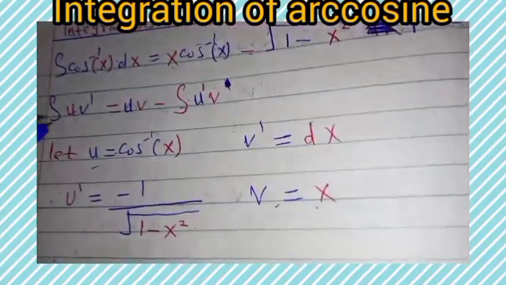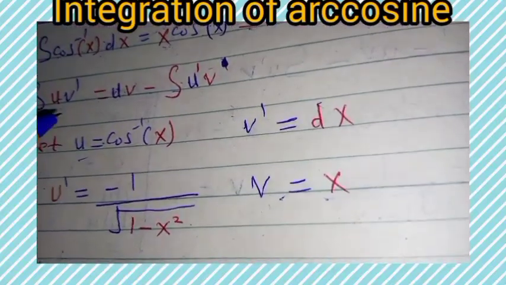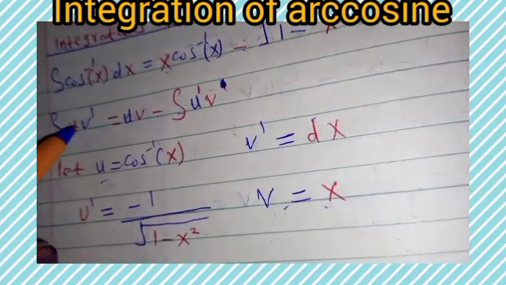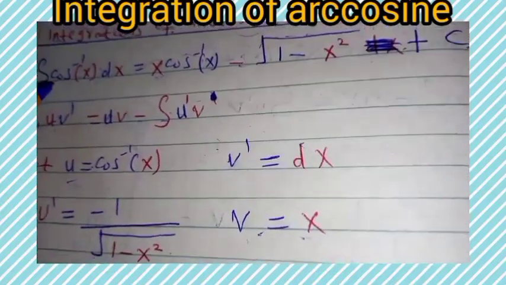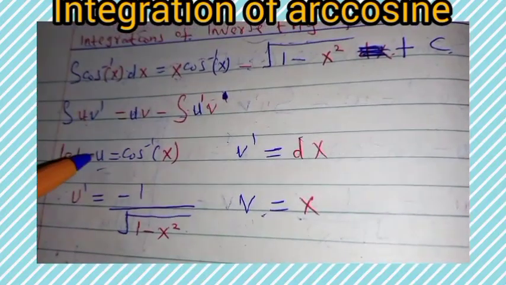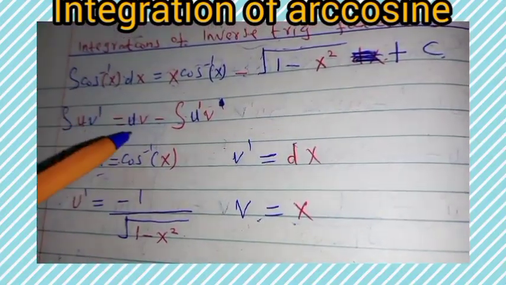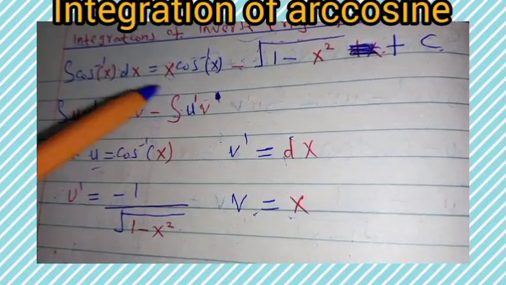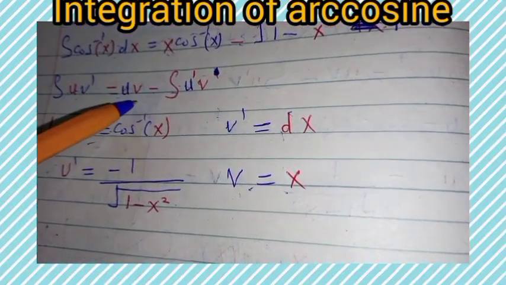We are going to make use of what is called integration by parts, whereby you have function u. Our function u is cos inverse of x, and our function v prime is dx, which is equal to u multiplied by v.